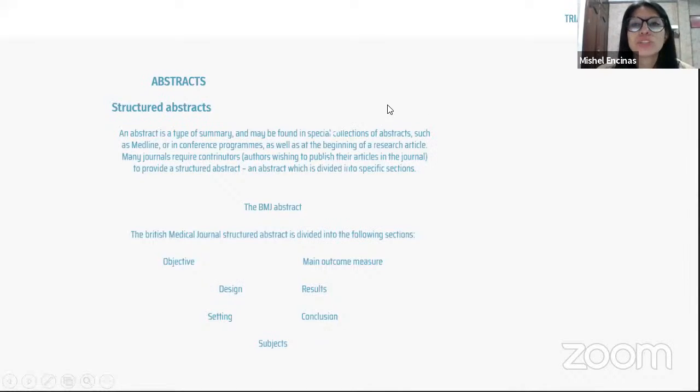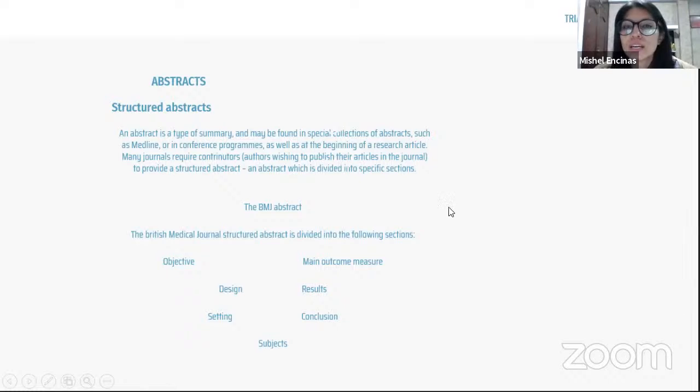Your result directly related to that objective will be the first result: we found a treatment, or we didn't find a treatment.